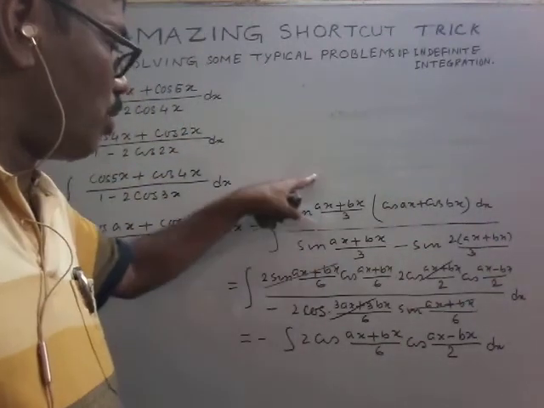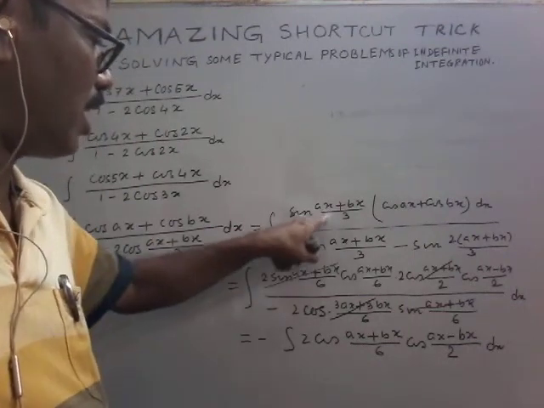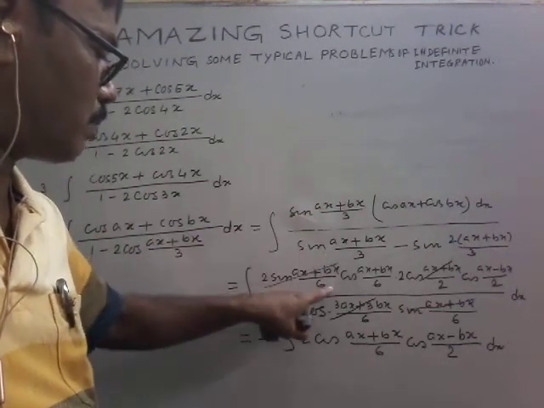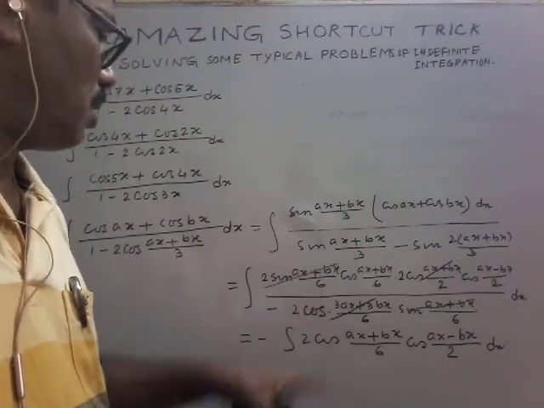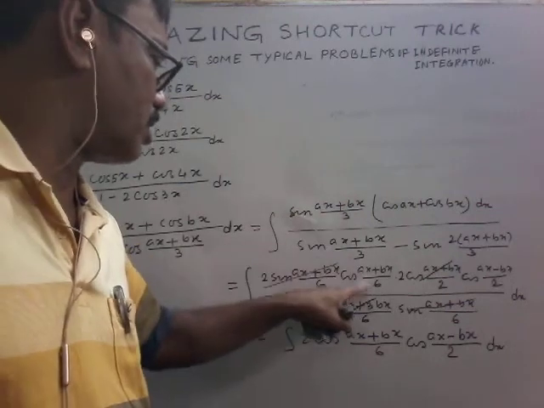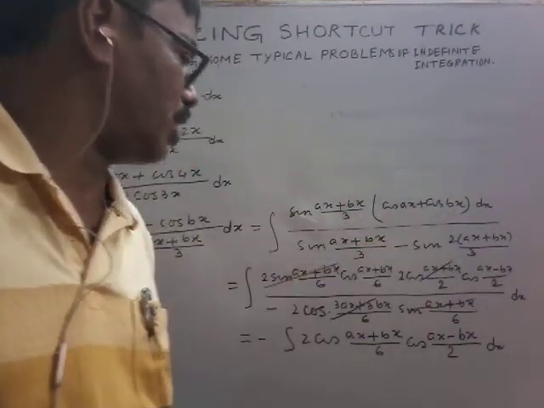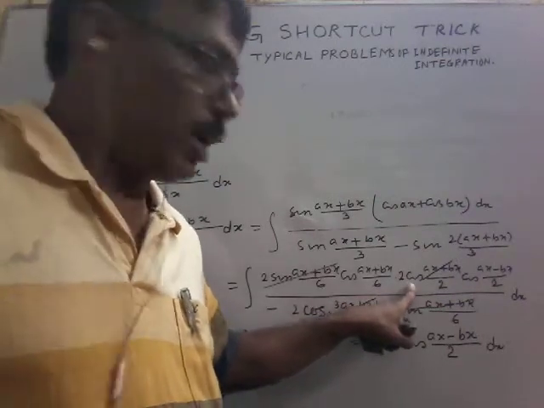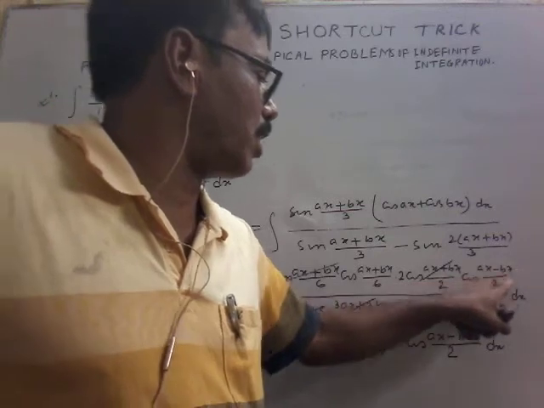So now, using the formula of sin C minus sin D, 2 sin of this angle by 2, (ax + bx)/6, cos((ax + bx)/6). Then cos C plus cos D, 2 cos((ax + bx)/2) cos((ax - bx)/2).